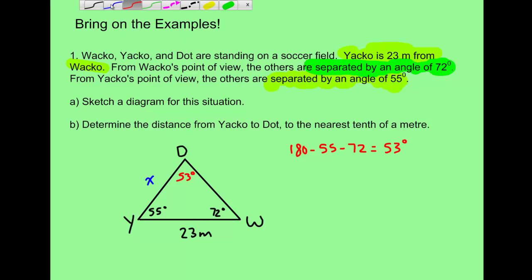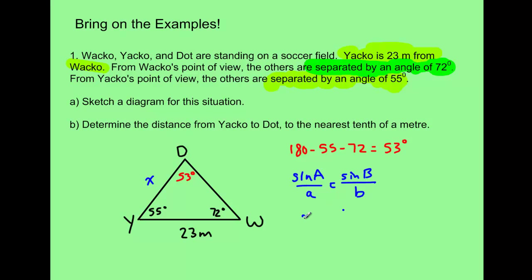So let's write out sine law here. I know that sine A over side A is equal to sine B over side B. You don't have to write the third one because we normally only use two ratios at any given time. I normally fill in the ones that I know first. I know angle 53 corresponds with side 23.